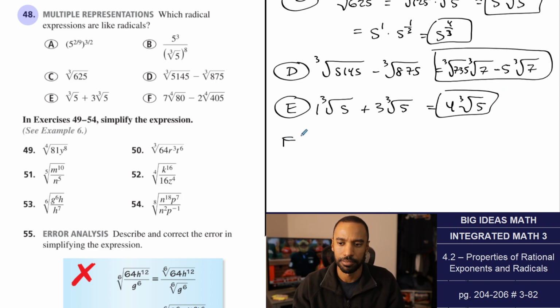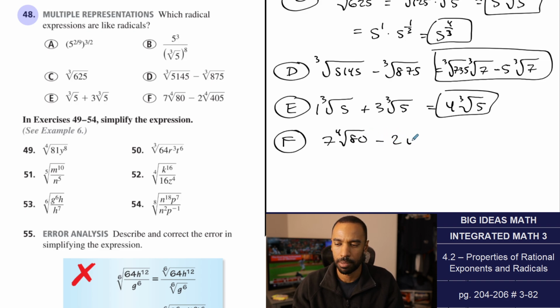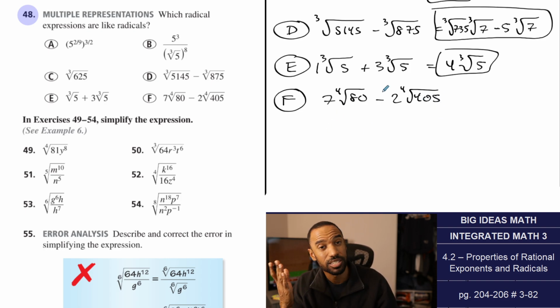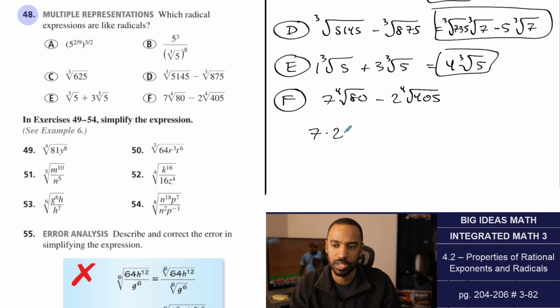And part F, we have 7 times the 4th root of 80 minus 2 times the 4th root of 405. Let's start on that 4th root of 80. 16 is a perfect 4th power with a value of 2. So 7 times 2 times, and 80 divided by 16 is 5, so you'll get that.